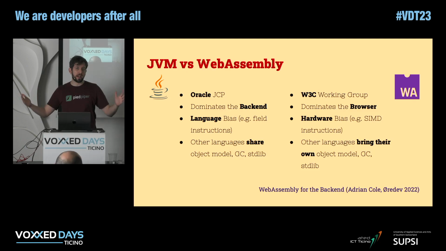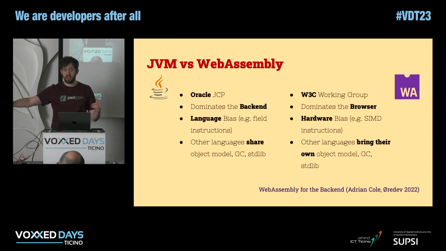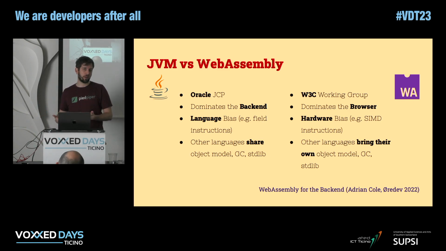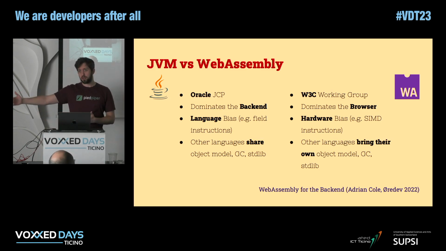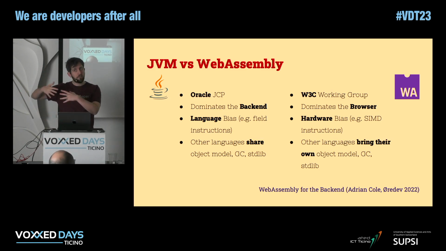While the JVM nowadays, the OpenJDK, is a multi-vendor effort, it is definitely driven by Oracle. There are multiple vendors contributing and driving efforts, but there's definitely a major contributor, which is Oracle, while WebAssembly is definitely multi-vendor work driven by the W3C working group.